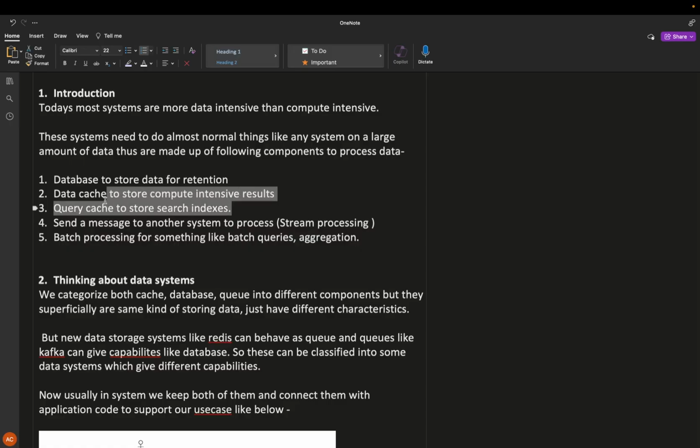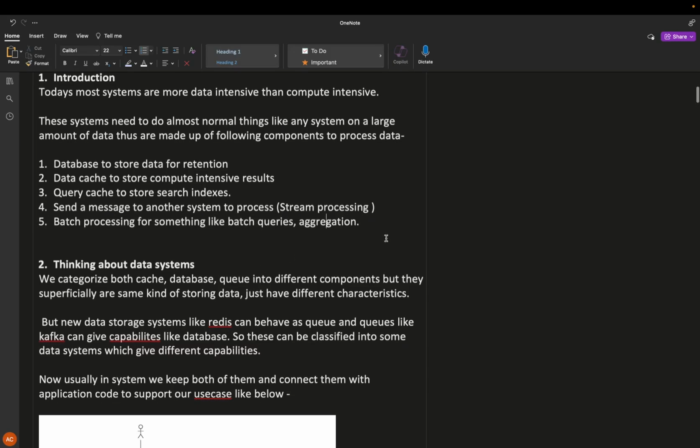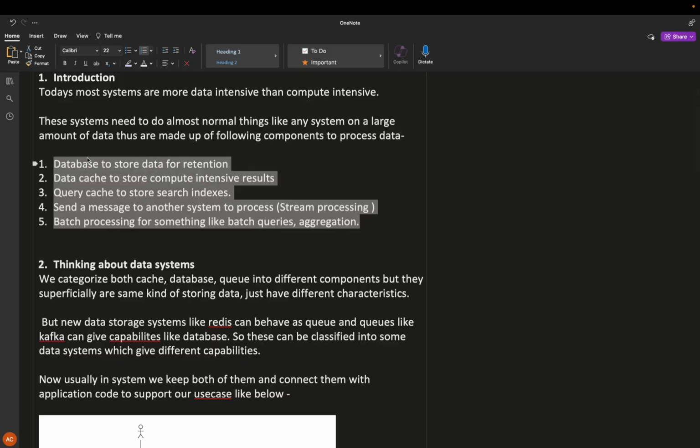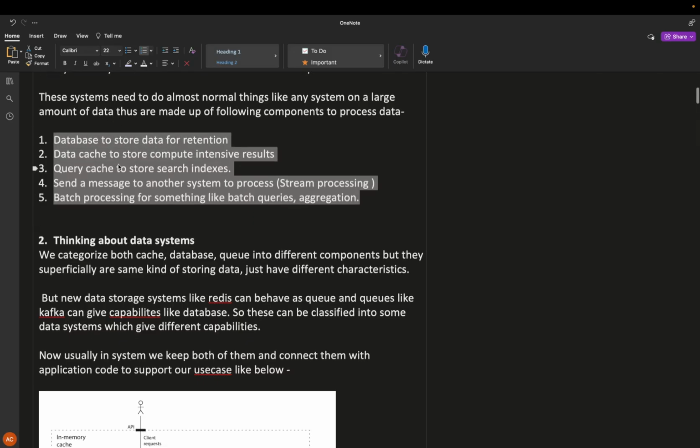Fourth is sending a message to another system to process. This is very common: one service of a system sends a message to another subpart of the system to process something. And fifth is batch processing, for something like batch queries or aggregation. So these are the simple components that usually make up our data system.